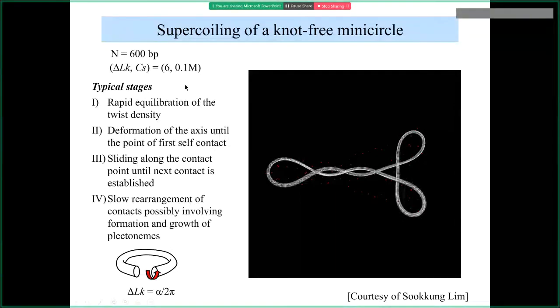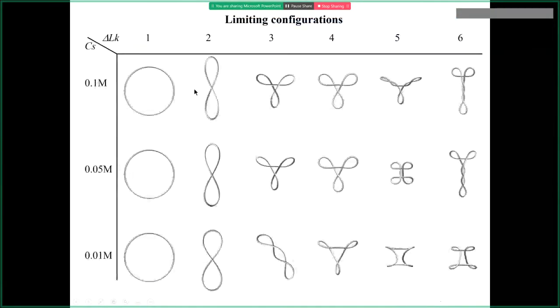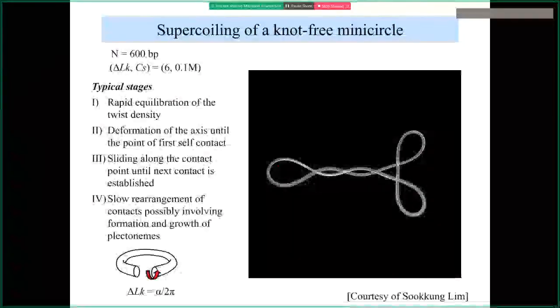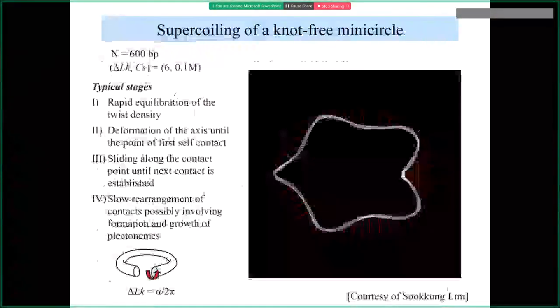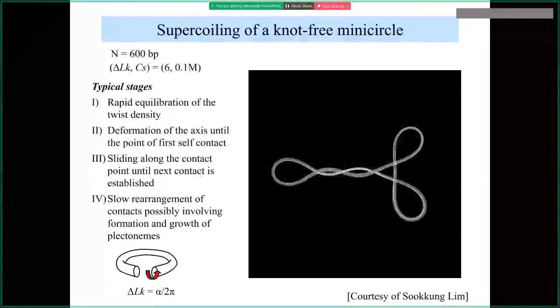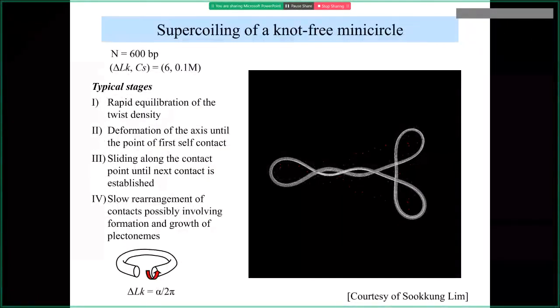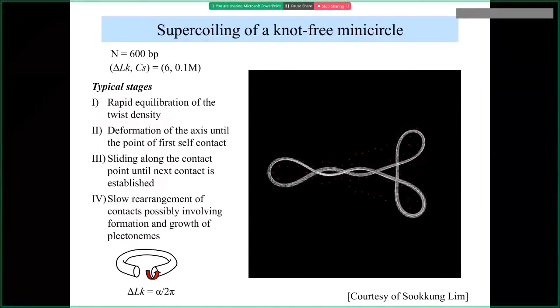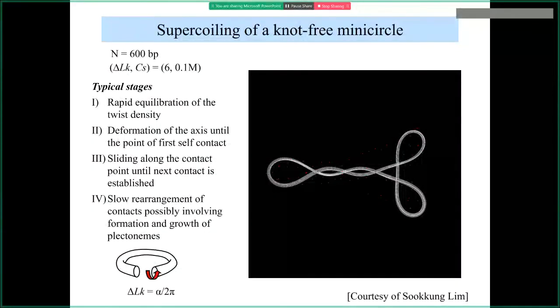Now, as you can see in the dynamics, I'll try to start. What happens is the DNA deforms quickly up to a point of first contact, and then you have all other points of contact developing along the rod with the DNA, and then you have slow sliding into the final equilibrium configuration.